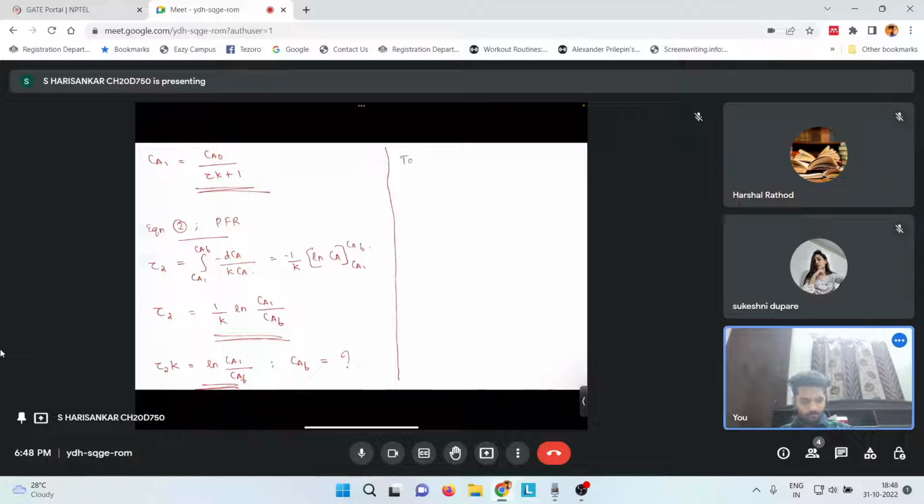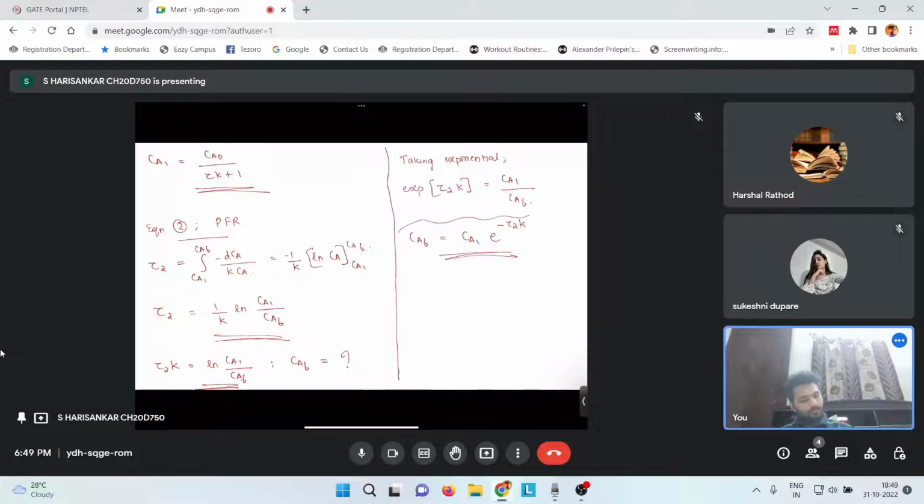So taking the exponential of tau2 K will be basically CA1 by CAF. So that means CAF will be CA1 e raised to minus tau2 K.